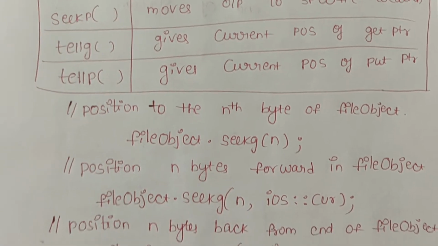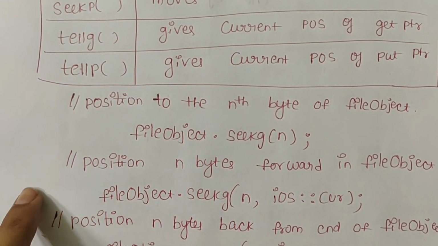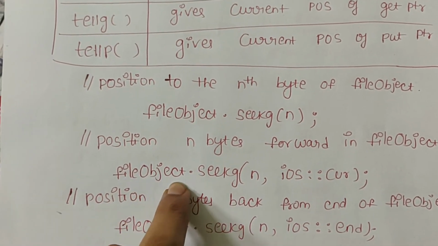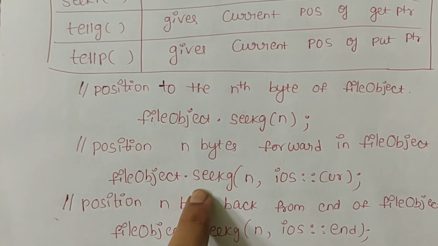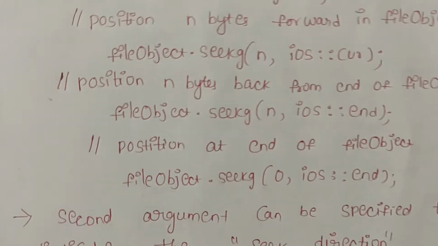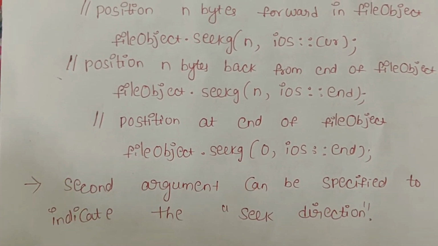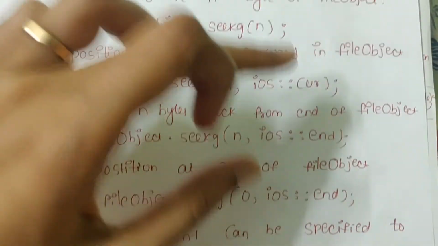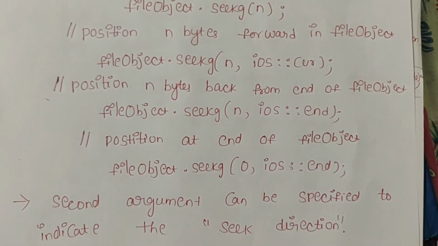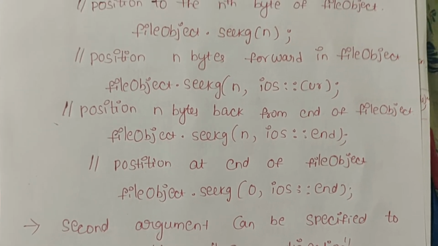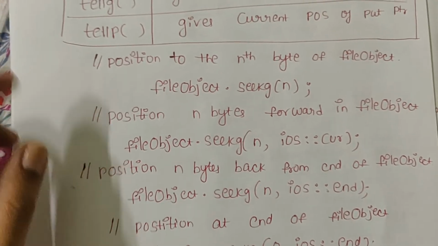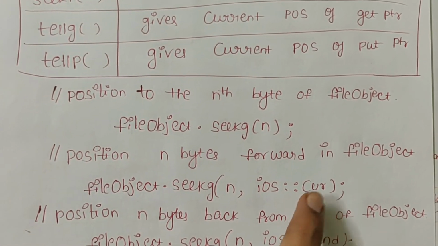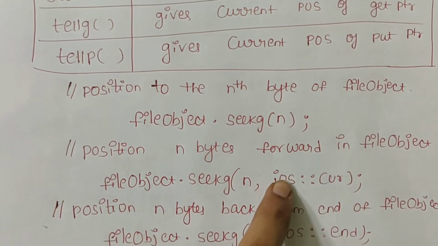Next, position n bytes forward in the file object. File object dot seekg, this is a class. As we discussed, the second argument will indicate the direction. Here ios current means it is referring to the current position.